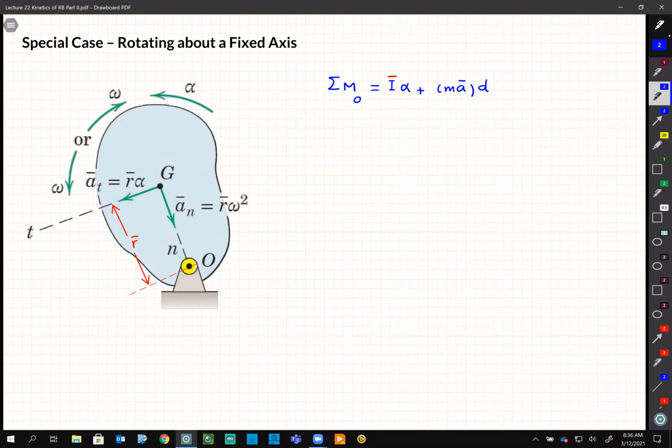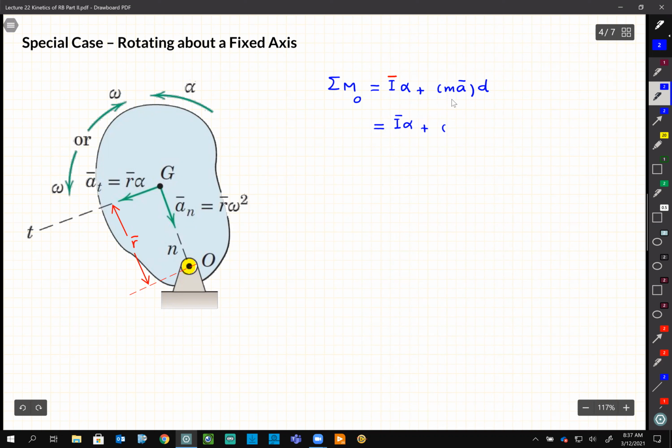Let's write down the formula one time. Let's keep this first part as it is. And here, I just want your attention for 10 seconds. M A bar, right? I look at the acceleration at point G. So it has two accelerations. I should write down both here.